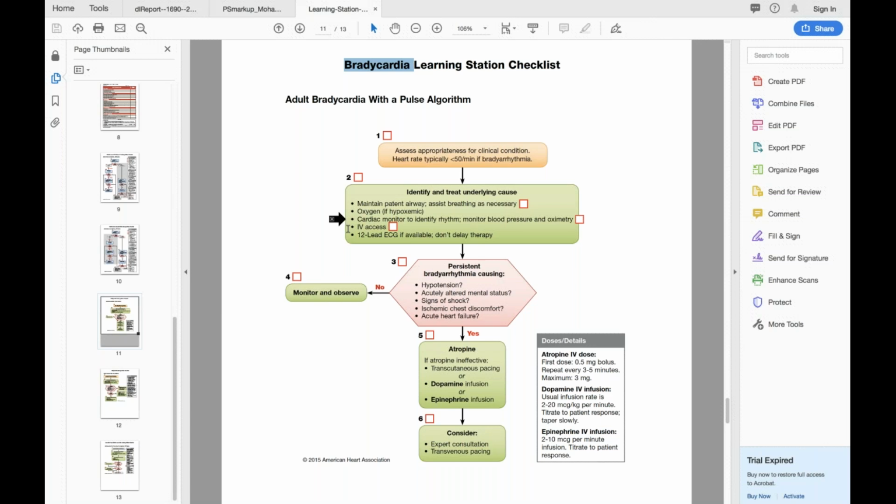And the third person will do the IV access. If you look, it's written MOCI 12, MOCI 12. It's just a way to remember what are the things that we need to do for the patients.